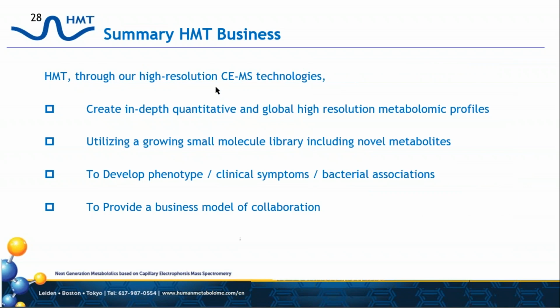Our business model includes providing this high resolution CE-MS technology to provide both a quantitative and an untargeted metabolic profile, using this high separation to look at isomers, charged species, and polar species, and using a large and growing library to highly annotate these profiles and provide an opportunity for novel discovery. From this, we develop phenotypes linking metabolite profiles with bacterial associations, and devise a business model for collaboration.